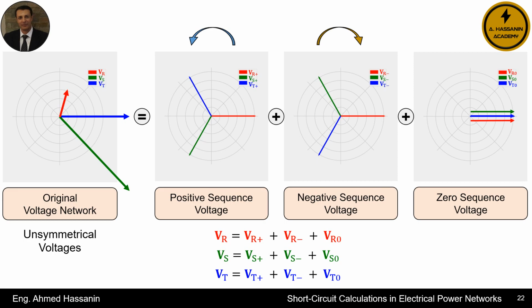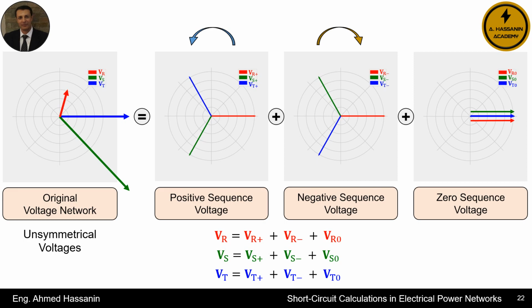Now, by using the symmetrical components theory, we can say that the voltage of phase R or VR is equal to the sum of VR positive, VR negative, and VR zero. Similarly, VS is equal to the sum of VS positive, VS negative, and VS zero. And VT is equal to the sum of VT positive, VT negative, and VT zero.